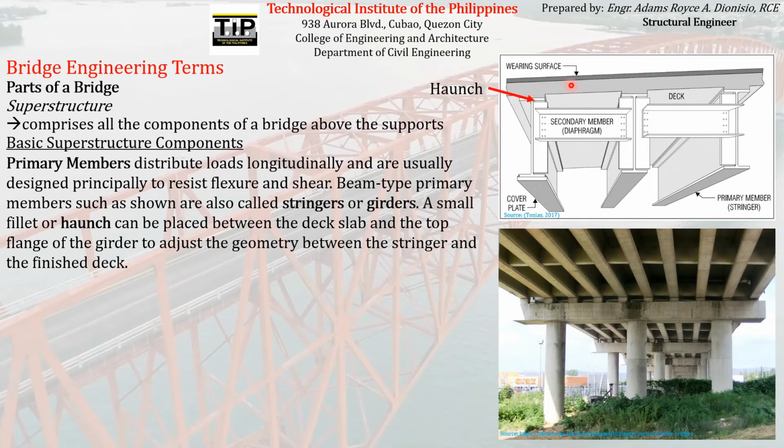So we need to incline the deck, so that we can easily adjust the super elevation. We can easily elevate or incline the deck if we put a haunch between the deck and the top of the supporting girder, primary member or stringers.